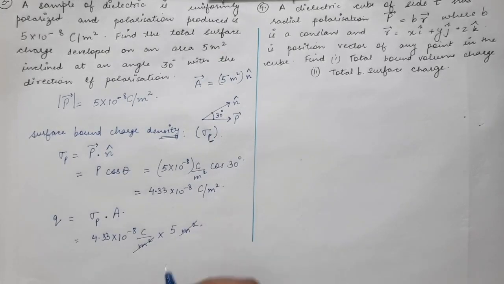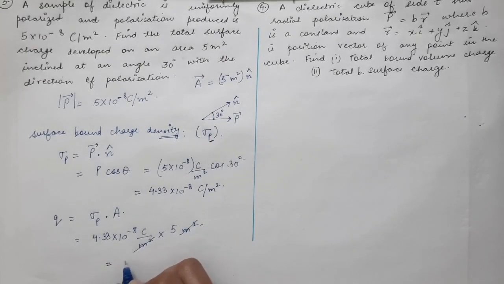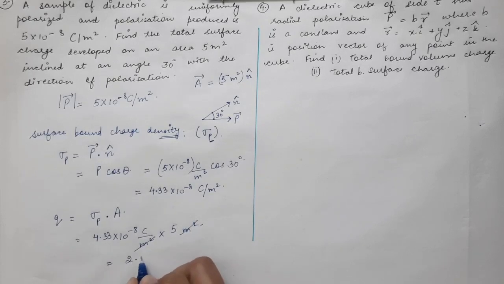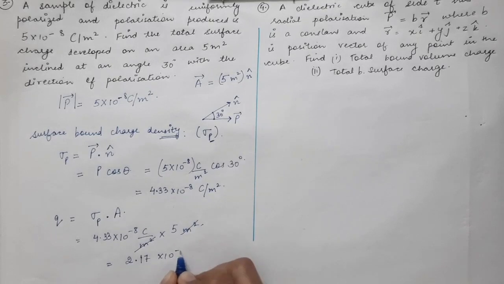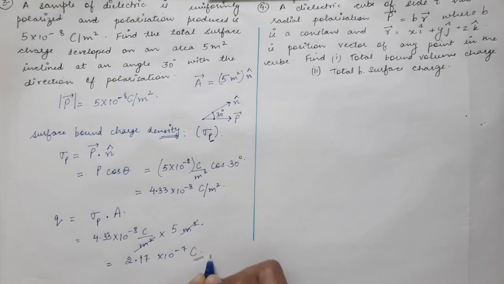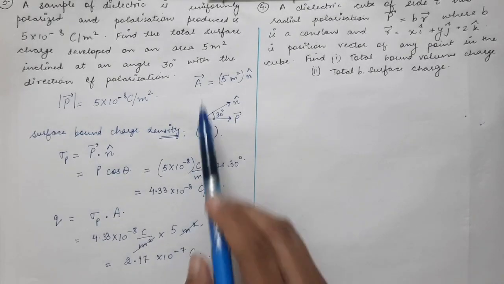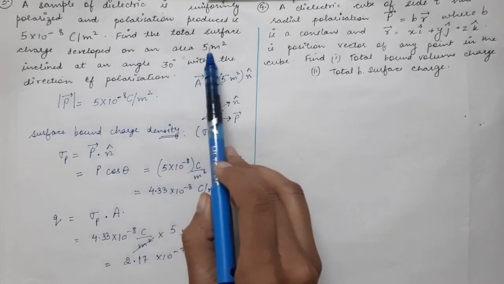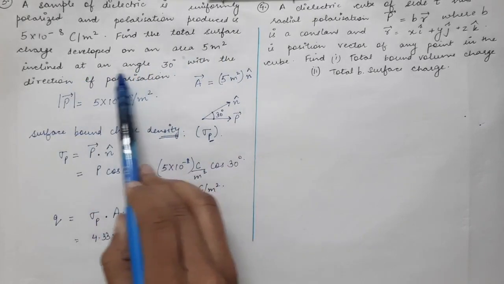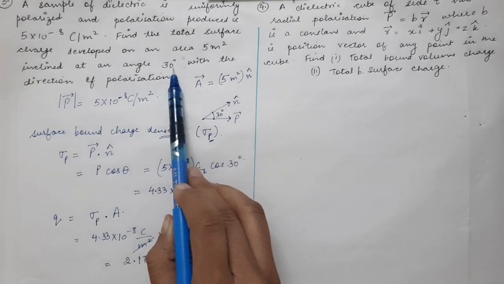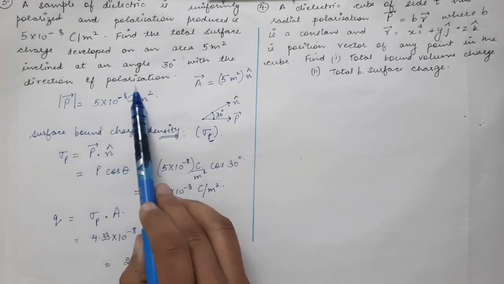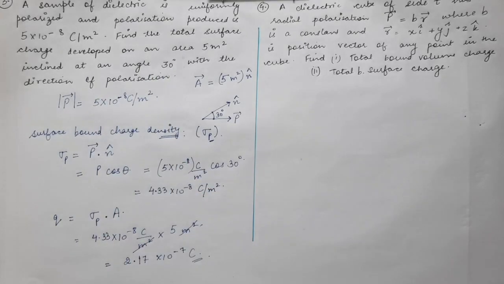So the meter square will cancel, and when you calculate it, you will get 2.17 into 10 power minus 7 coulombs. This is the total surface charge developed on an area of 5 meter square when the area vector is inclined at 30 degrees with the direction of polarization.